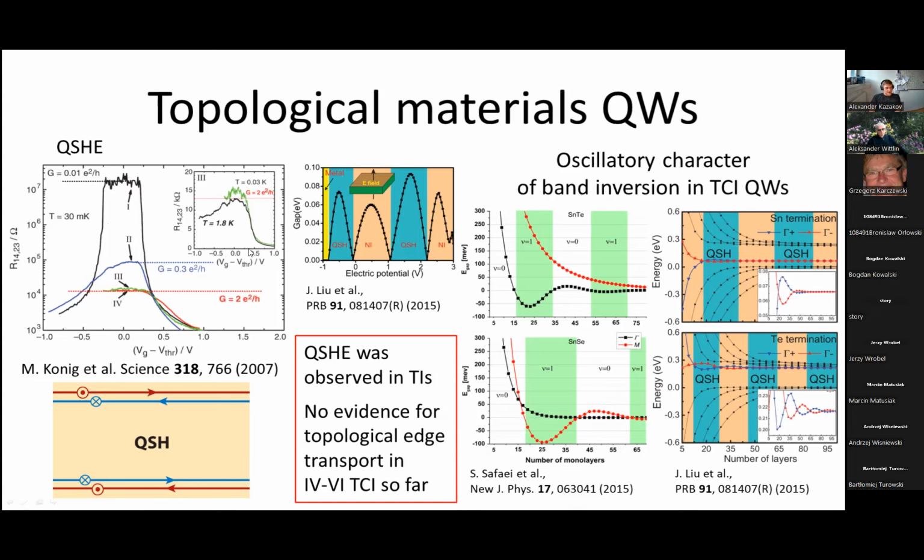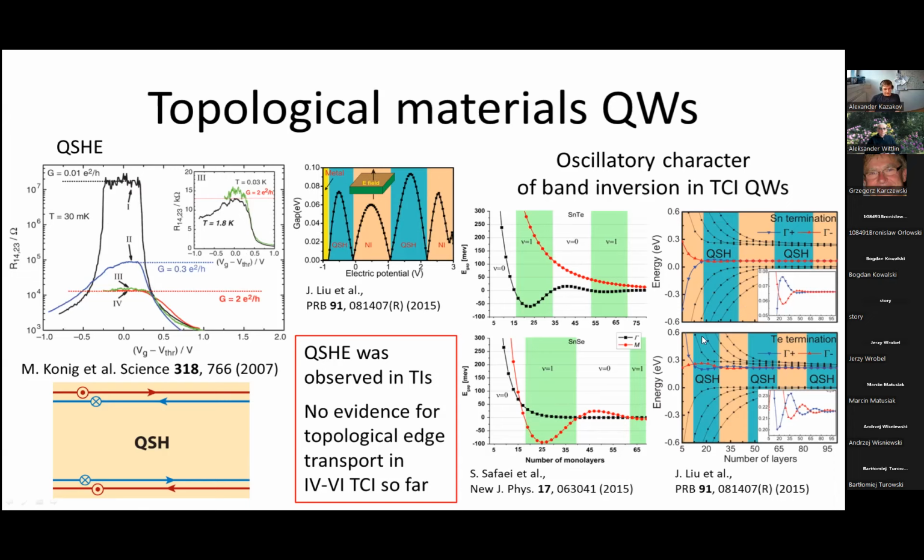In topological insulators, this topological edge transport manifests itself as a quantum spin Hall effect, which was measured quite a long time ago in mercury telluride quantum wells. And it was shown that in TCI, in topological crystalline insulators, this topological edge transport has some oscillatory character depending on the thickness of the films.